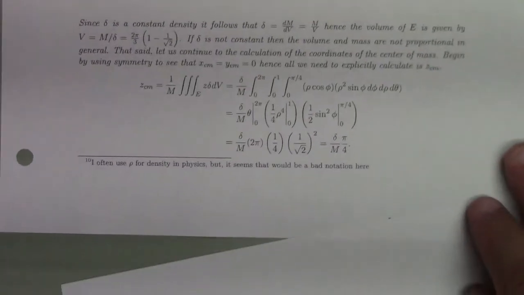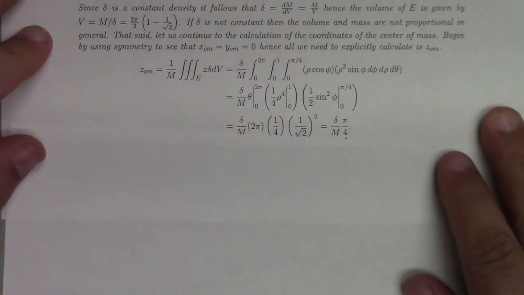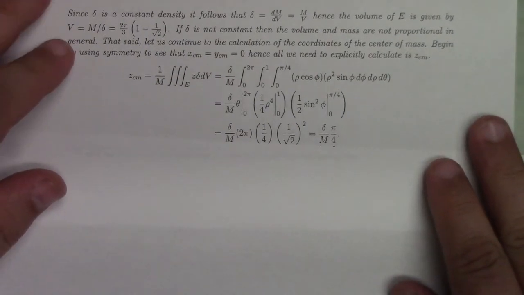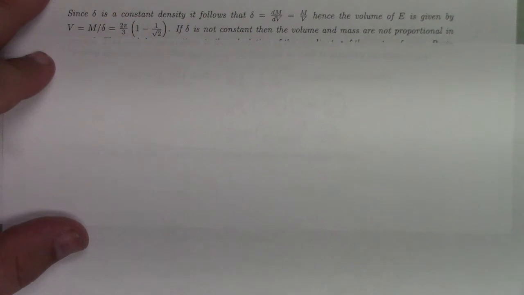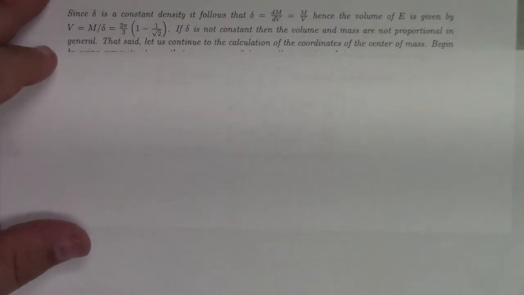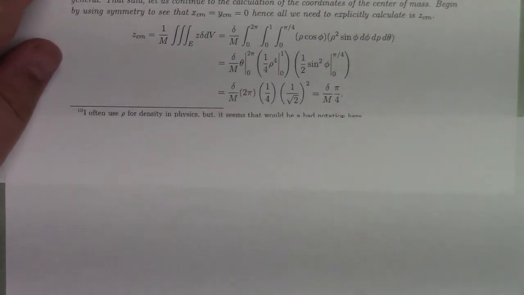Since delta is a constant density, I don't care about the volume, whatever. Let me go on here. Z center of mass.